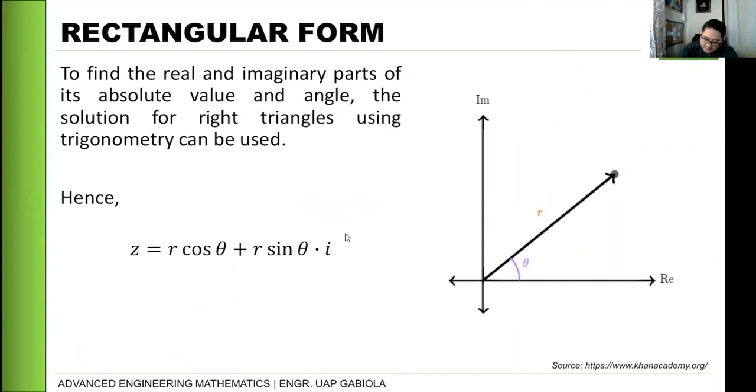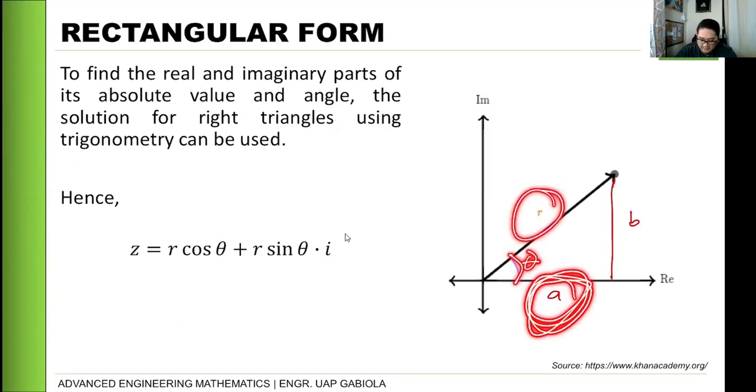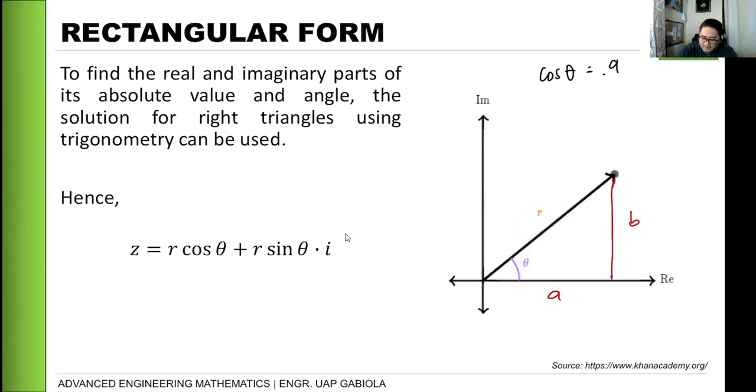So, dito, ito yung ating a, ito yung ating b. So ito yung theta natin. So let's say halimbawa si a muna. So what function yung gagamitin natin? Adjacent over hypotenuse. So we have cosine. Okay? So cosine of theta is equals to a over r.